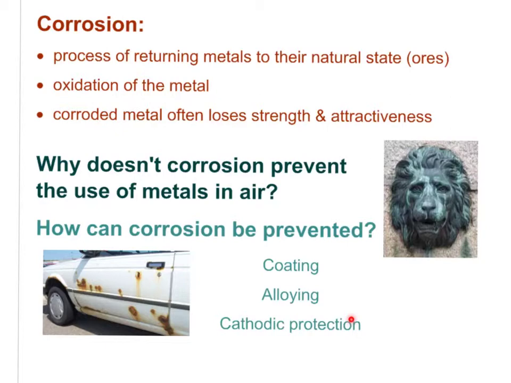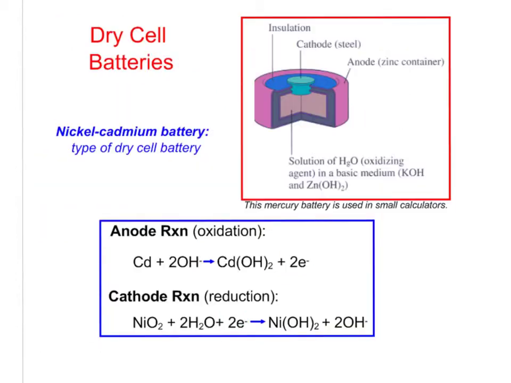Magnesium provides electrons more easily or more readily than iron. It's a better reducing agent than iron. So the electrons flow from a magnesium wire to the iron pipe, and the electrons are furnished that way, so it keeps the iron from being oxidized. Obviously, then the magnesium needs to be replaced over time as magnesium is oxidized. So those are some ways that we can prevent corrosion.